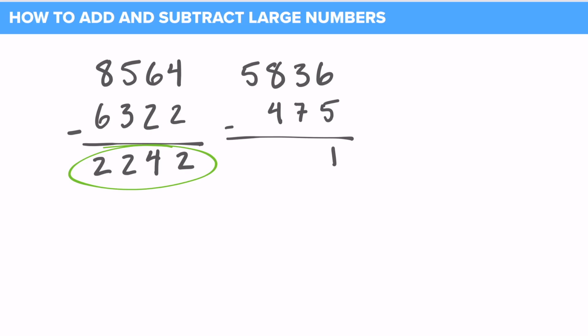We are going to, as they say, borrow from the next place value over. So in this case, the 8. I'm going to borrow 1 from this 8. So if I'm borrowing 1, I'm going to turn this into a 7, and I'm going to make this guy 13. So right now, it'll look like this. I'm going to cross out the 8 and make it a 7, and I'm going to turn this into 13.